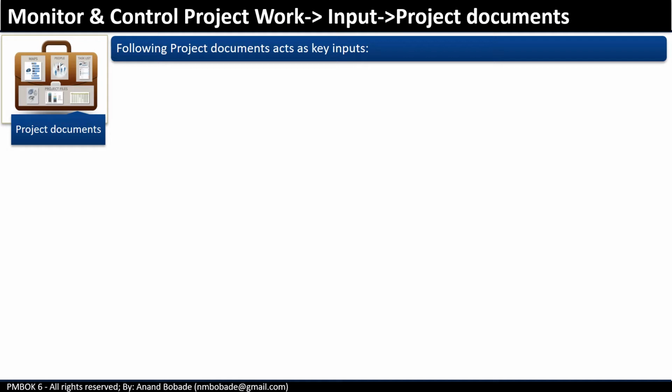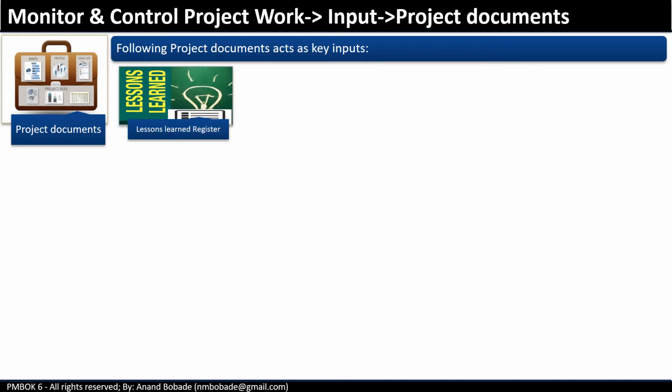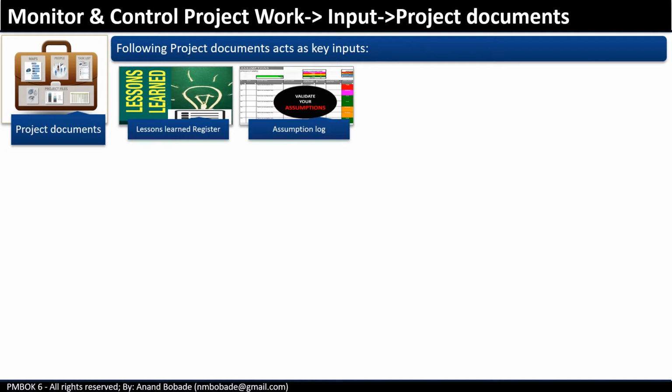So you need all these documents so that you can do the analysis. So what do you get from these project documents? The lessons learned register provides information on effective responses for variances and corrective and preventive actions, how to deal with those risks. The assumptions log contains information about assumptions and constraints. The project manager should always validate any assumptions that you have taken on the project.